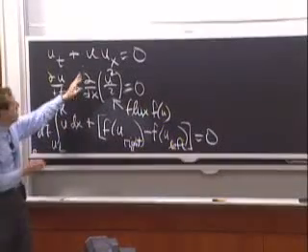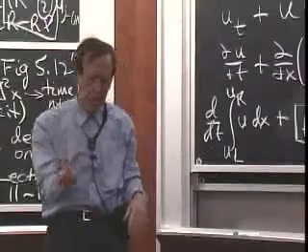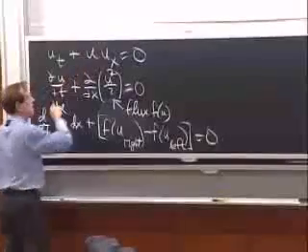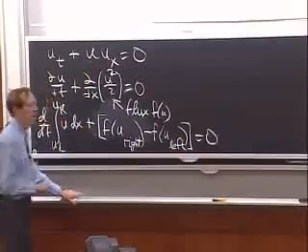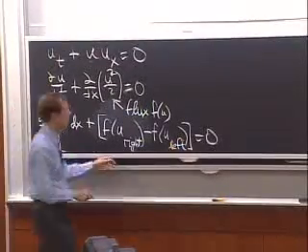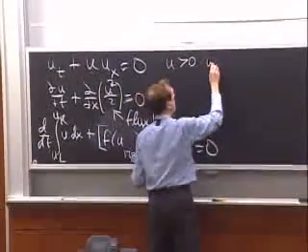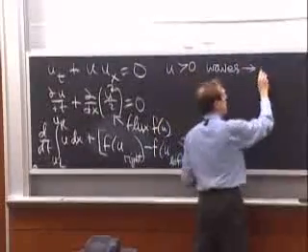Think of this u as being comparable to minus c. So in other words, if u is positive, I'm now going to have waves going to the right. So let me just put this down. U greater than 0 will mean waves going to increasing x to the right.